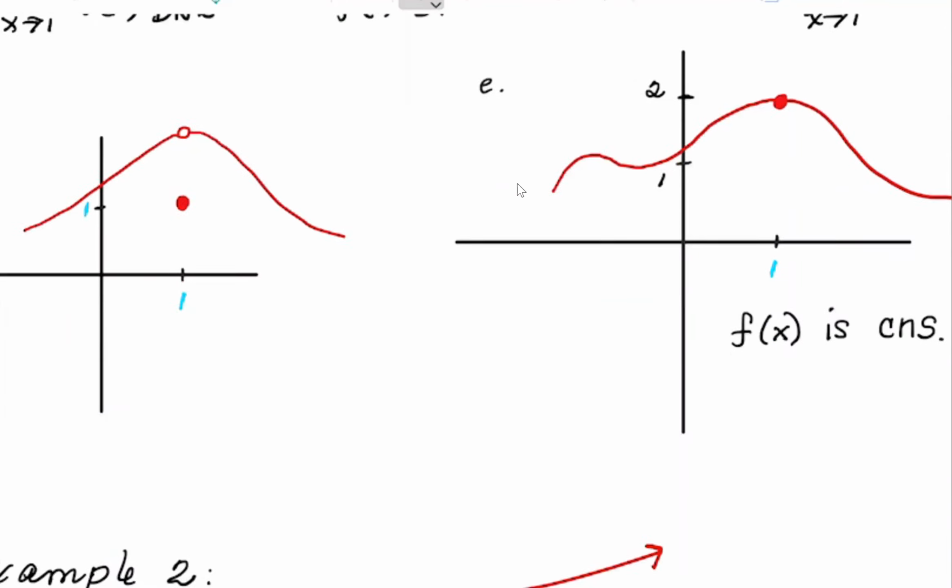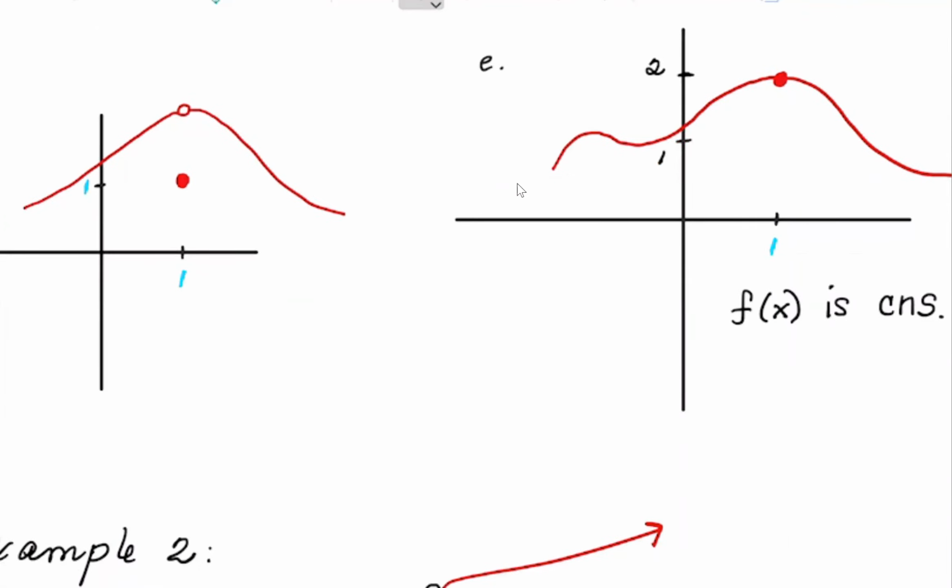Let's look at this next scenario. So in this next scenario, we have that f of 1 does indeed exist. It's actually equal to 1 in this problem. And we have that the limit as x approaches 1 of f of x exists.